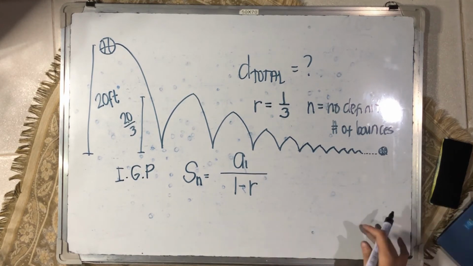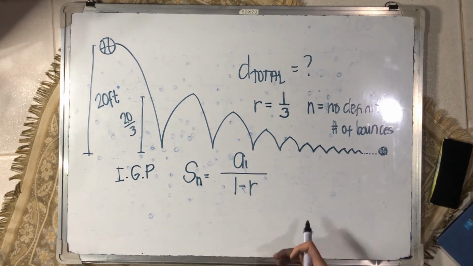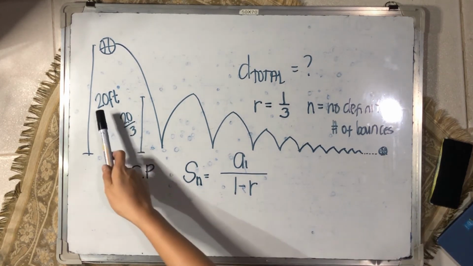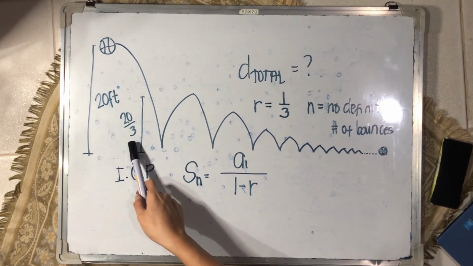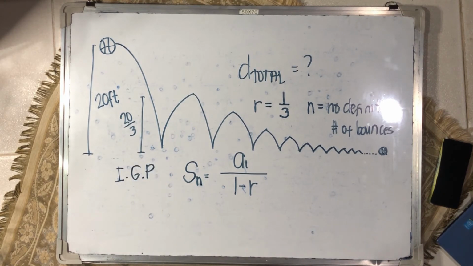So, my question first: what should be our A sub 1? Some people will answer 20. Other people will answer 20 over 3. Both are actually correct, for as long as you understand how you used it.